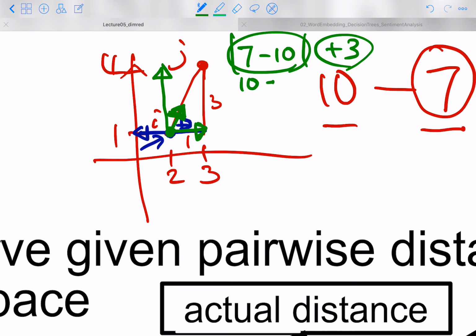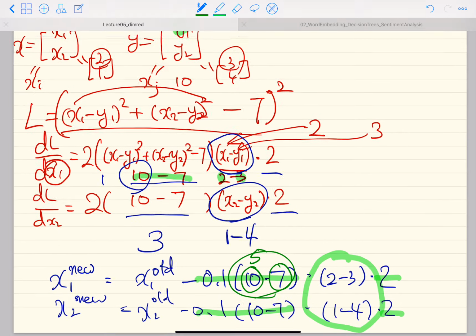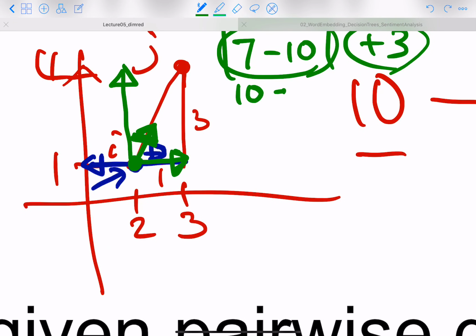But if the ideal distance is 7 and our current distance is 5, for example, in this case, this will not only give us some amount in terms of absolute value, but it will change the direction of this gradient. So in this case, this point will be pushed directly away from this point. Okay.